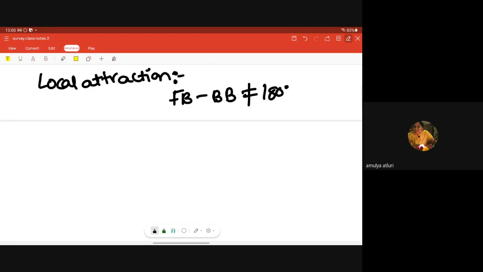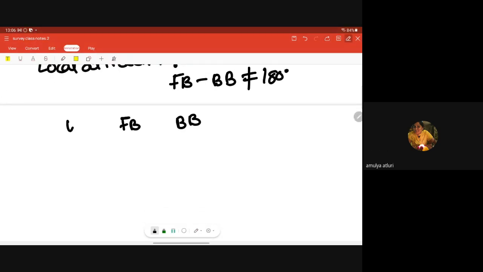We check the forebearings and back bearings of the different points given. If the forebearing minus back bearing is not equal to 180, then there will be corrections. If the forebearing minus back bearing is equal to 180, then there is zero correction. If it differs, the value by which it differs will be your local attraction.